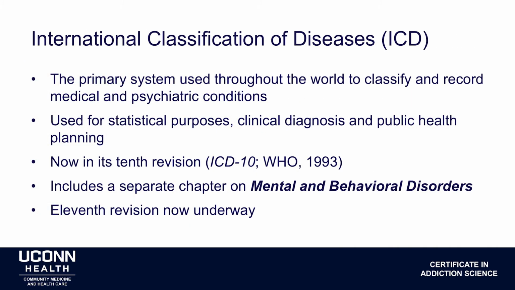So for ICD, we're talking about what triggers the diagnosis of a mental disorder, and in particular, a substance use disorder. Usually, a substance use disorder represents something that is clinically recognizable and significant. And it's a set of symptoms or behaviors that are associated in most cases with distress.